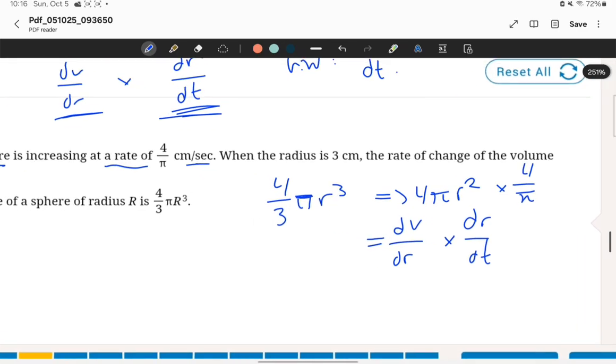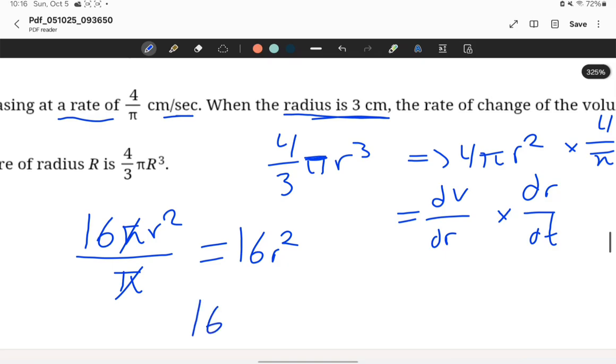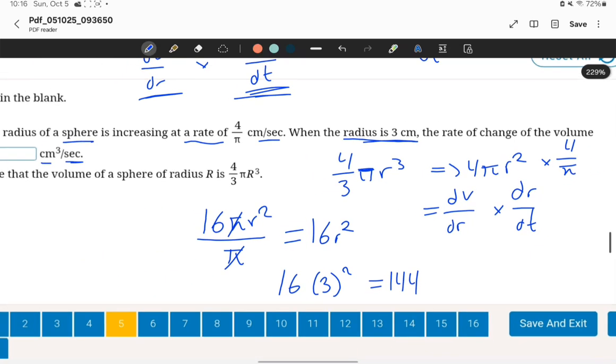So 4 times 4 is 16, pi r squared over pi, the pi cancels out, is 16 r squared. Now they want us to substitute in that the radius is 3, so 16 times 3 squared, so 16 times 9 is 144. This is our final answer here.